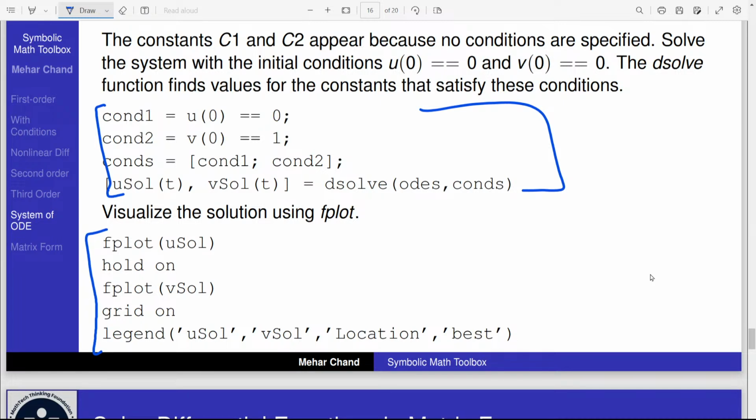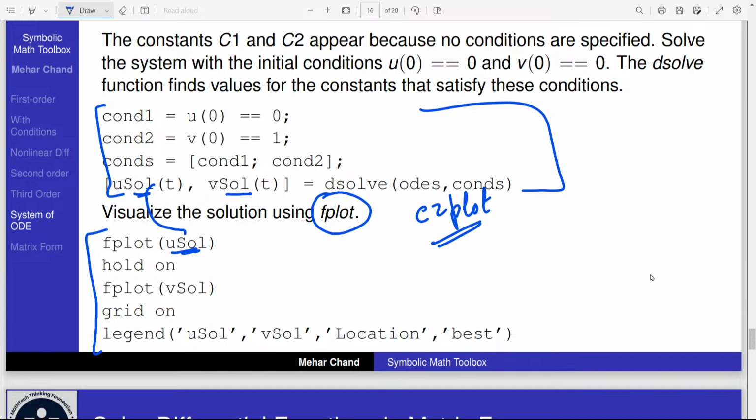So if you want to visualize these two solutions, you can do. fplot is an inbuilt function in MATLAB. If you have an old MATLAB version before 2016, then you can use ezplot in the place of fplot. So we have fplot. This is the first solution plot.